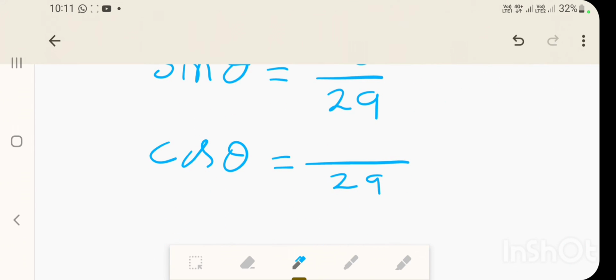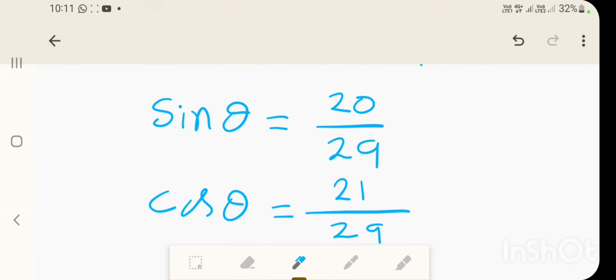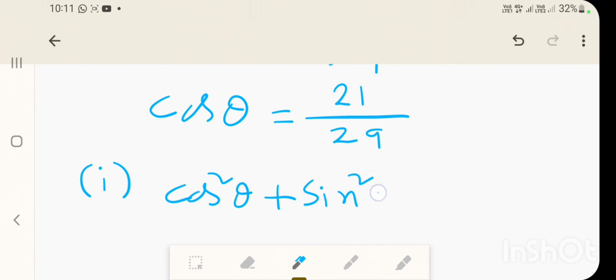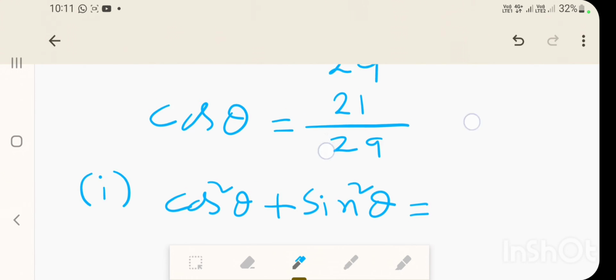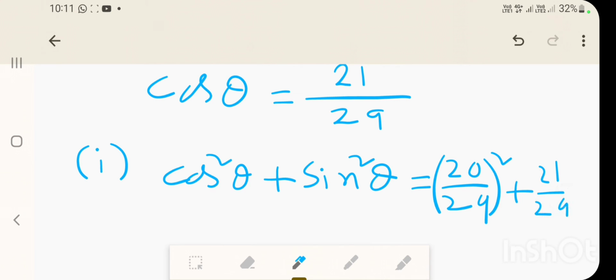So cos theta is 21 by 29. The first question is cos square theta plus sin square theta. So we take 20 by 29 square plus 21 divided by 29 square.